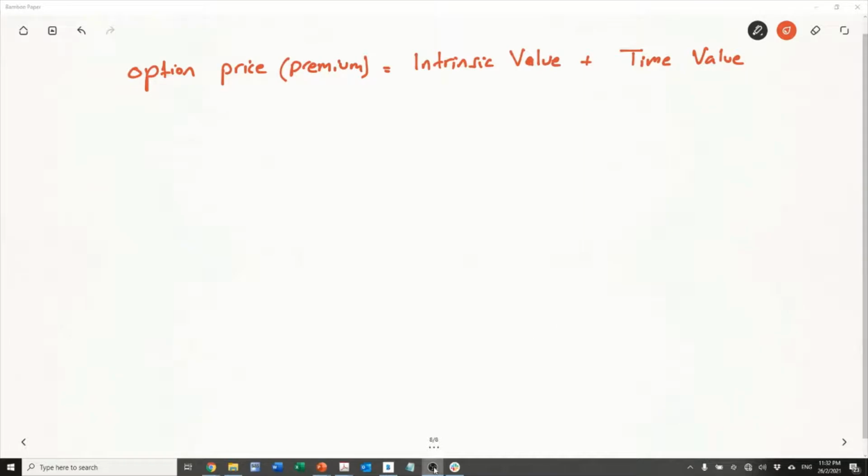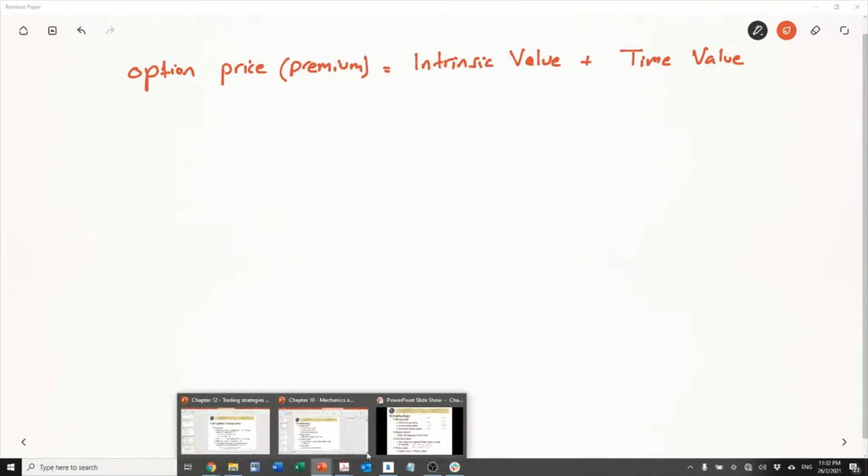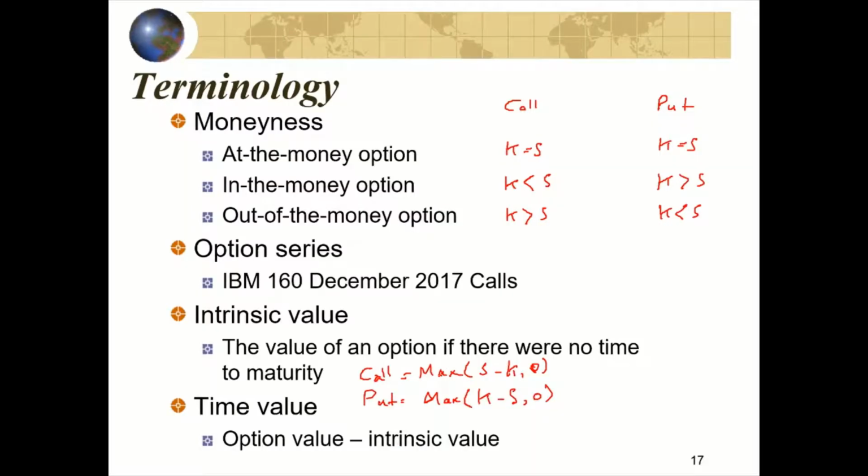The intrinsic value for a call option is the maximum between the current spot price minus the strike price, or zero. If the difference is negative, the intrinsic value will be zero, because there is nothing that forces the holder of the option to exercise.